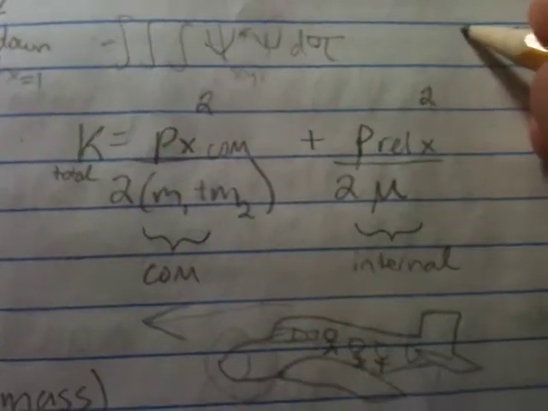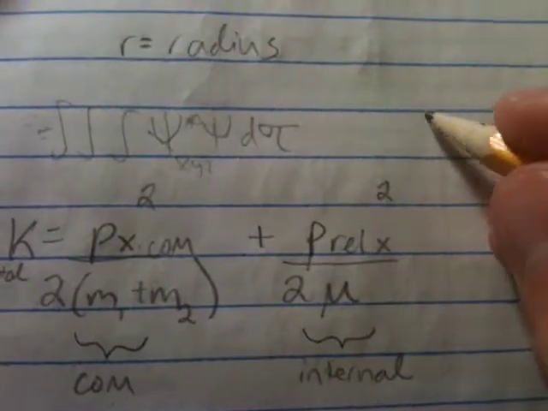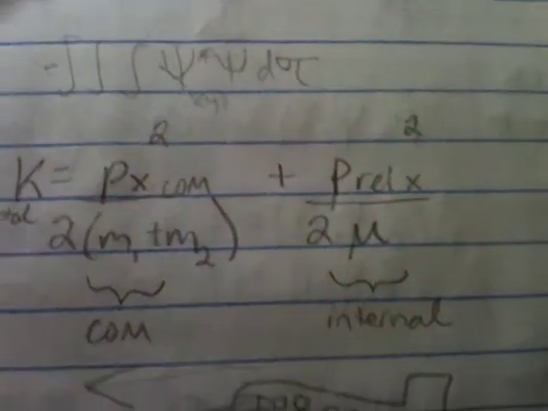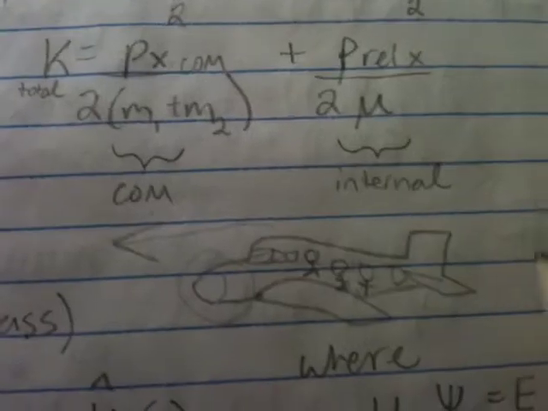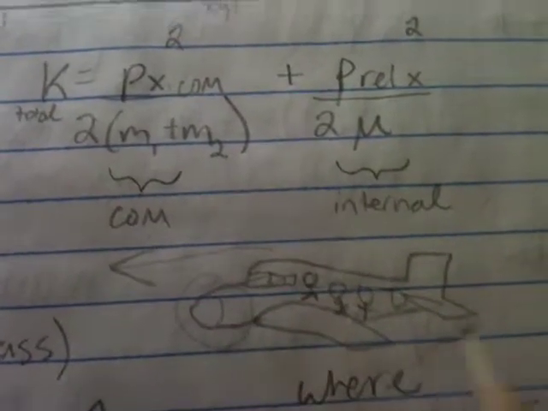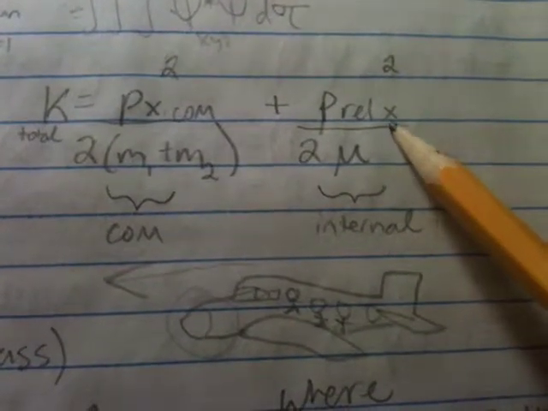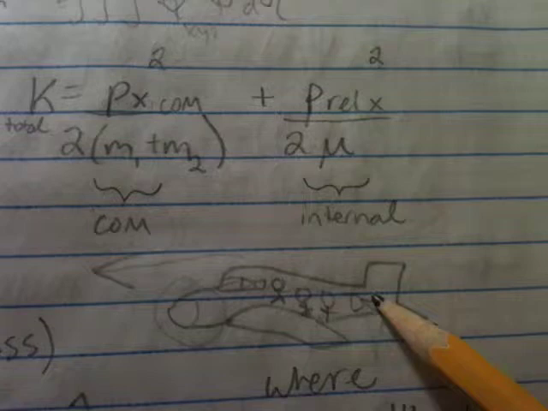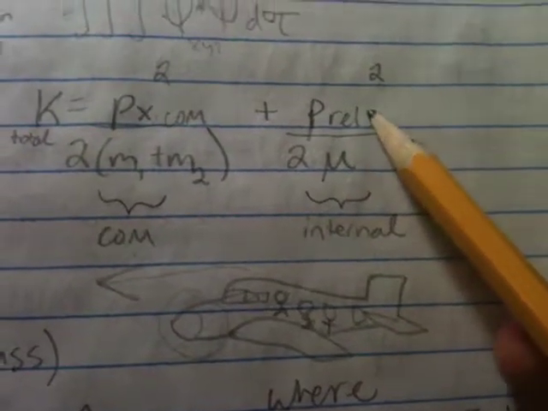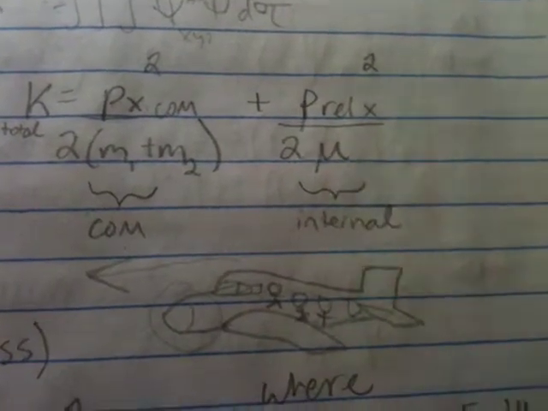And P of x, of x center of mass, that is the component of the entire plane. The relative x positions of these guys in here is in the second term, and then you have some sort of reduced mass.